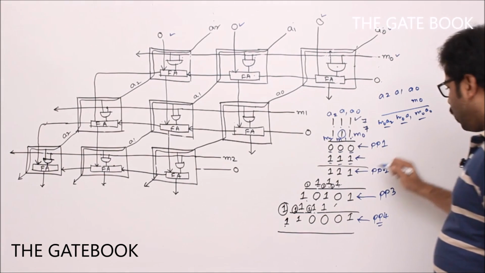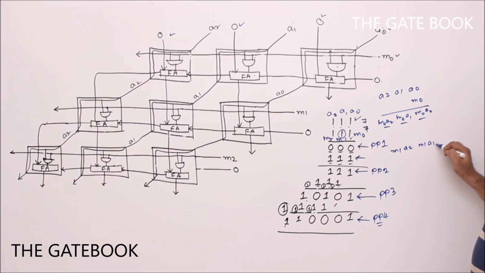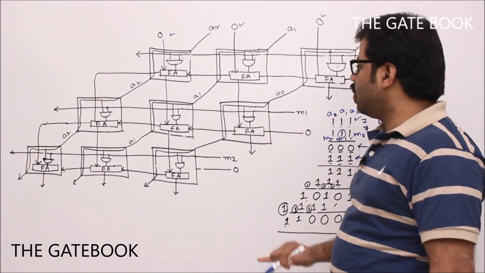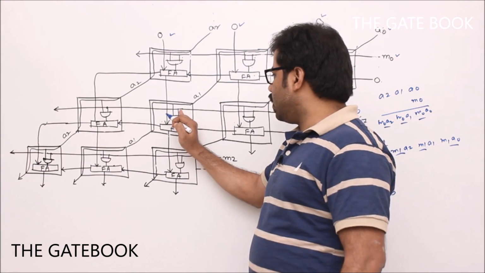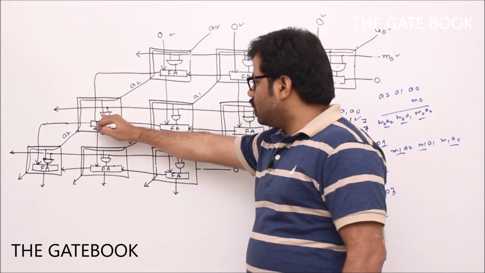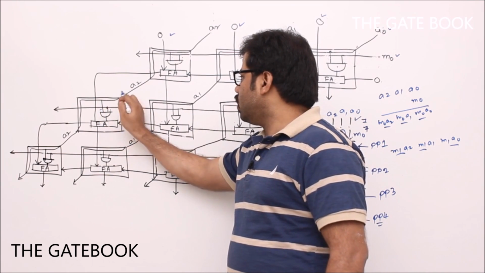In the second row, we will do the multiplication like this. What is that? M1 A2, M1 A1, M1 A0, right? Sir, where are we doing that? Please show that. See here, M1 A0, that M1 will be carried here. See, M1 and A1, M1 A1. Now here, this is M1, this is A2, M1 A2.